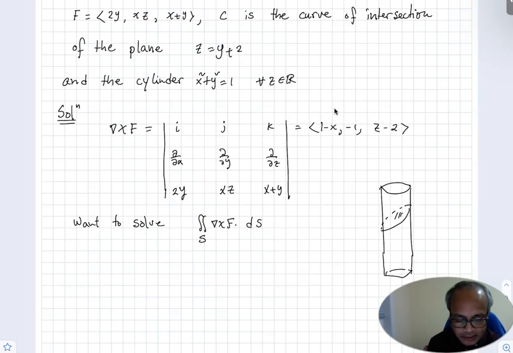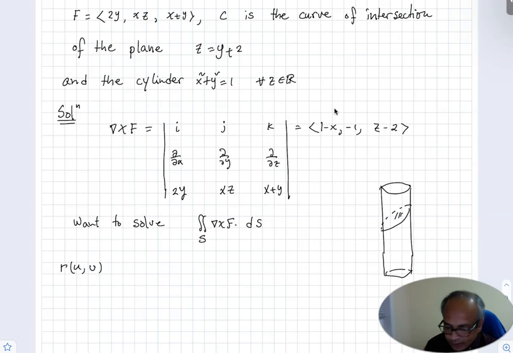But now I will use the symbols of generalized coordinates. In polar coordinates, generally we use r and theta, but let's keep the generalized coordinates u and v.